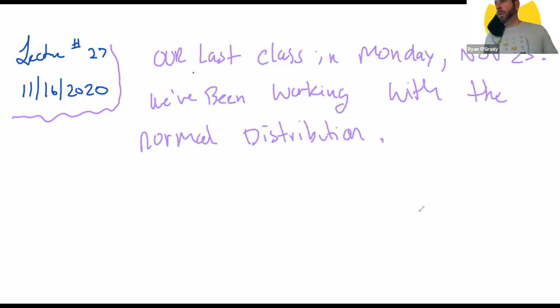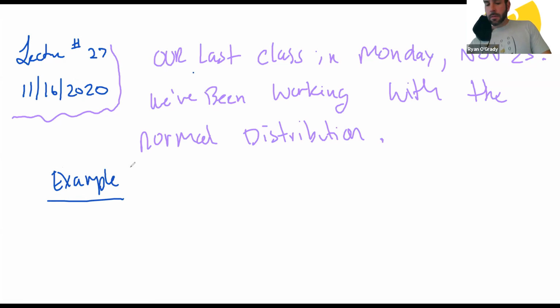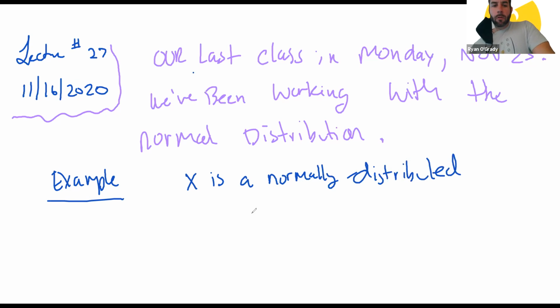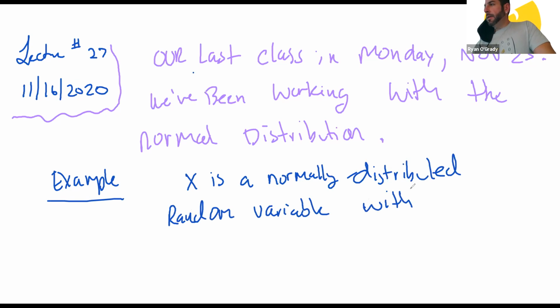So suppose we want to do something like this. Let's assume X is a normally distributed random variable, and it's going to have a given mean and standard deviation or variance.